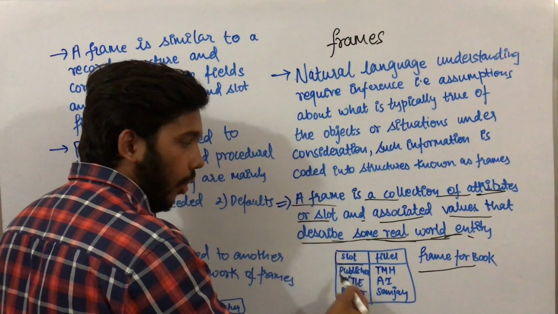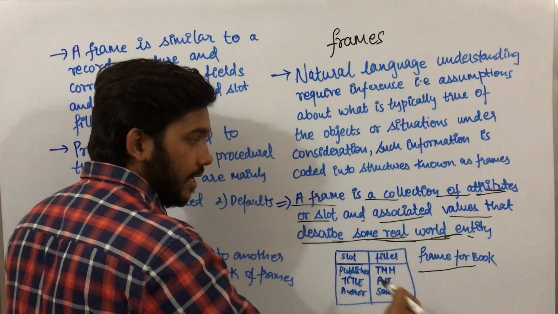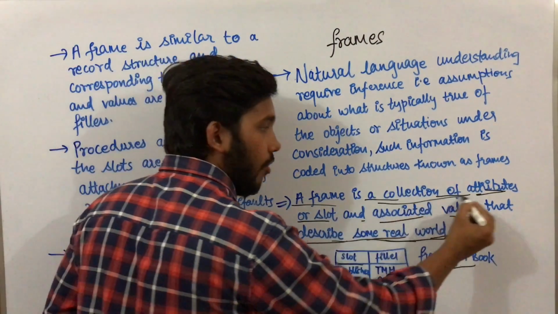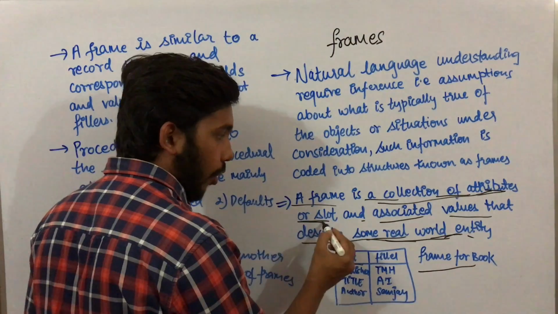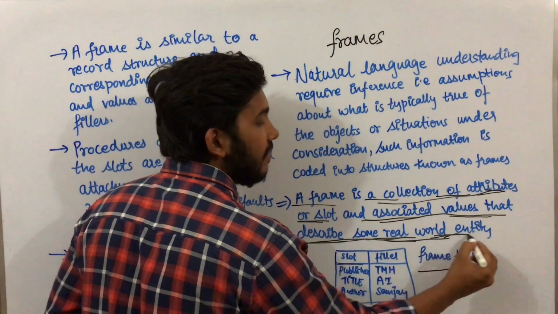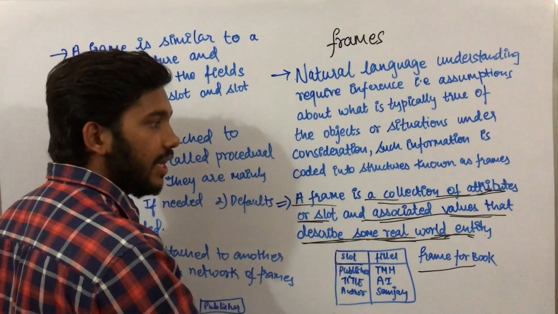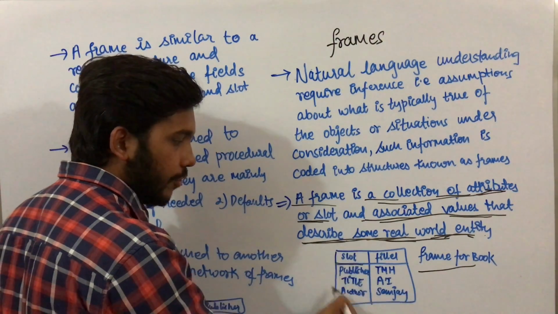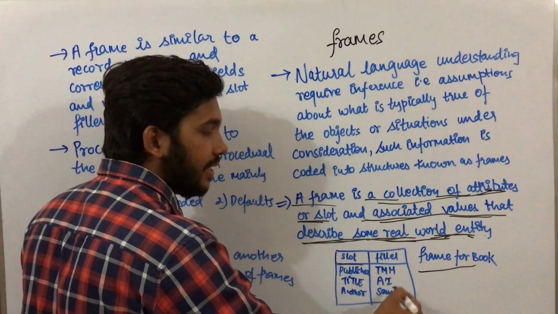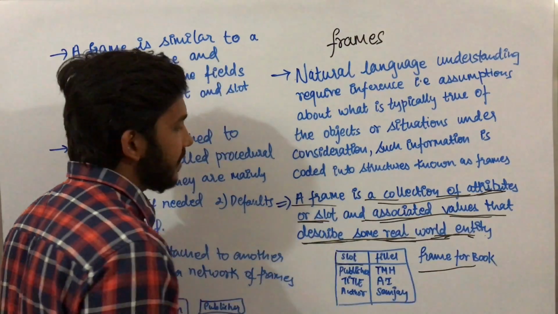Title is a slot, but AI is a real world entity. So a frame is a collection of attributes or slots and associated values that describe some real world entities. We will have some attributes about the object and some real world entities related to that object.